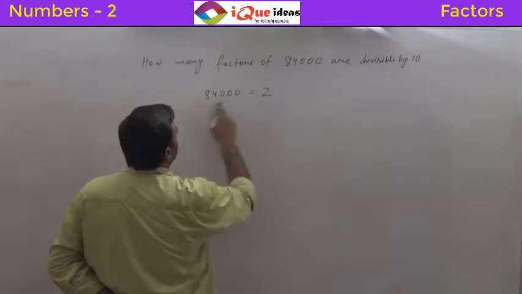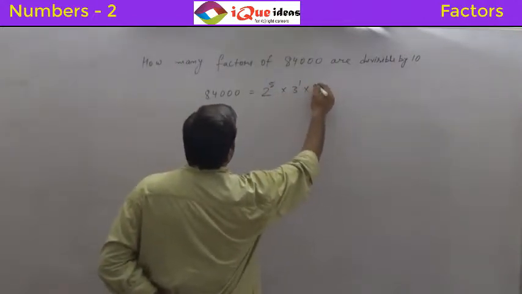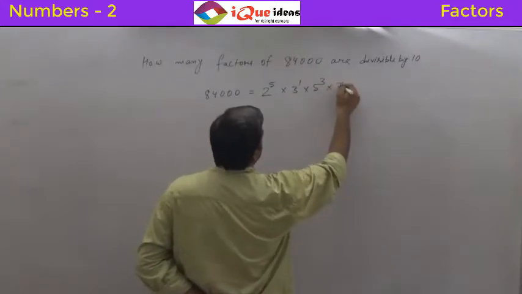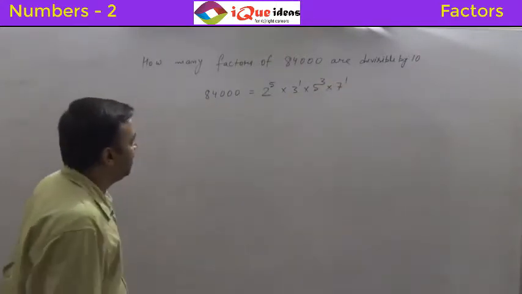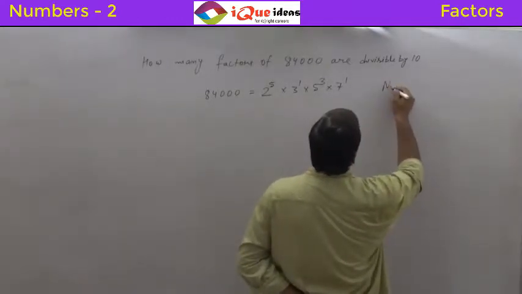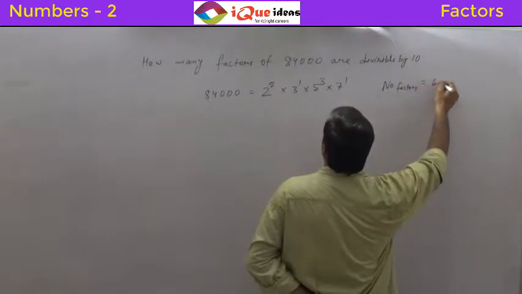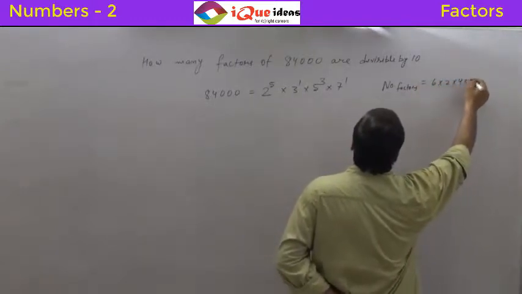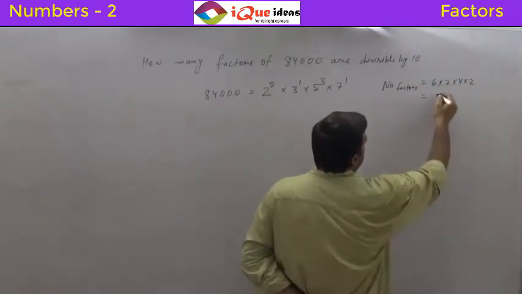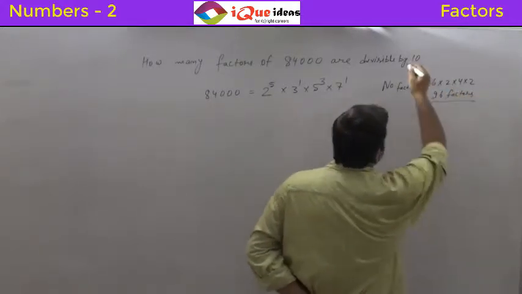That is 2 to the power 5 into 3 to the power 1 into 5 to the power 3 into 7 to the power 1. When we have to find the total number of factors, we had already done it. The number of factors would be equal to 6 into 2 into 4 into 2, 96 factors. The question is, out of these 96 factors, how many are divisible by 10?